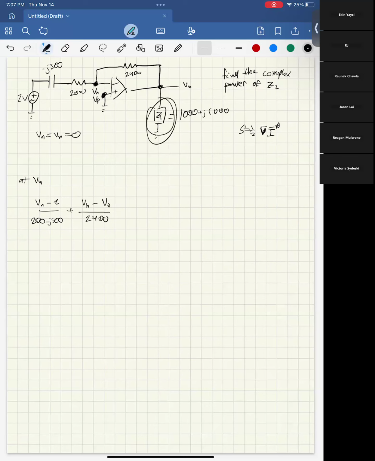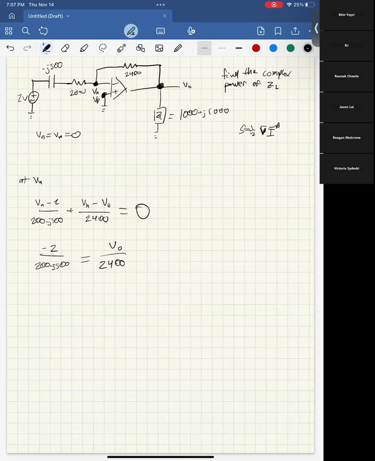We do not have to care about this at all because we're just looking at the voltage at that point. That equals 0. So this is just -2 over 200 minus J500 equals V out over 2400.